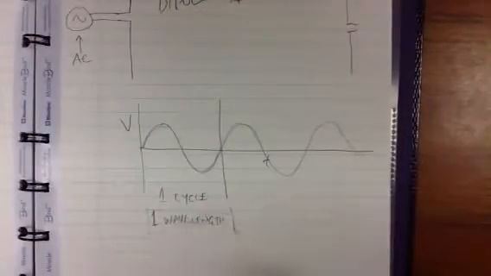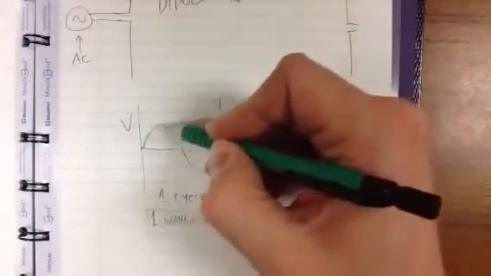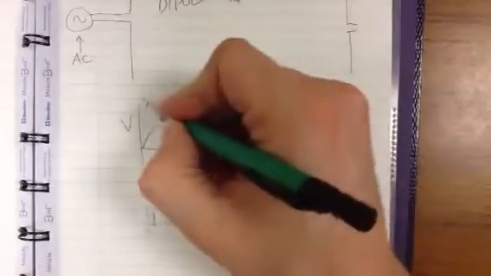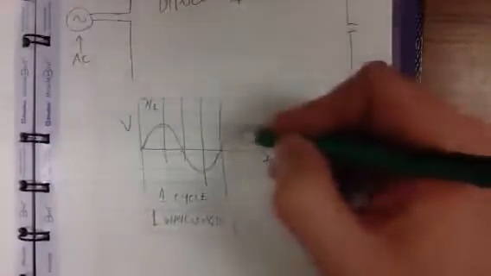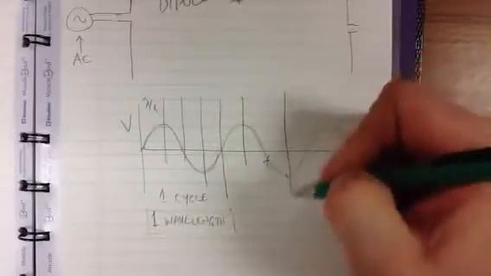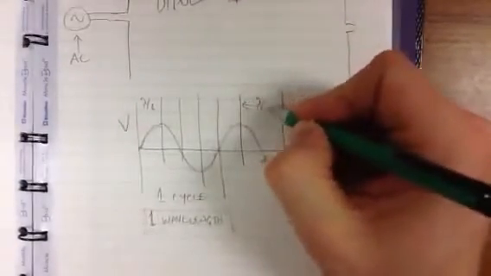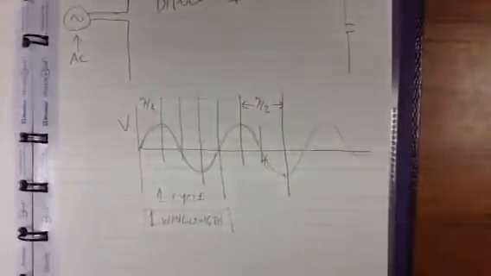So if this is one cycle, or one wavelength, that means from here to here is a quarter wavelength, and from here to here is another quarter, and these are quarter wavelengths. That means from here to here is a half wavelength, right? From here to here is a quarter wavelength. So that's good to know.